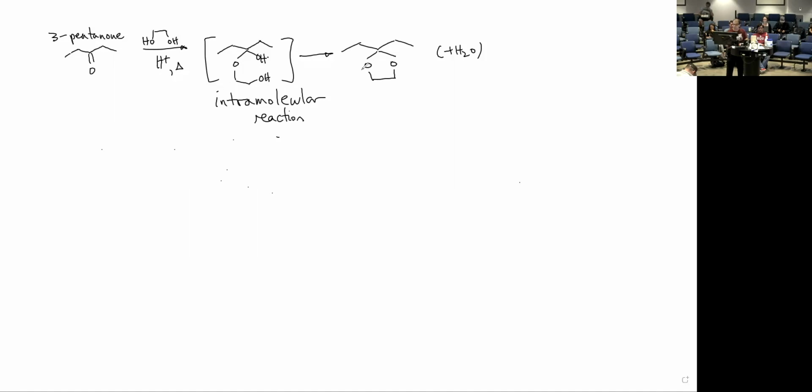And so once again, you want to look for formation of a 5 or 6 membered ring. In those cases, it's very favorable. And so this is still an acetal. And this is still a hemiacetal. If you compare to the structures we had earlier, you'll see it fits the definition. The only difference is instead of having 2 different alkoxy groups, you have it included in a ring.